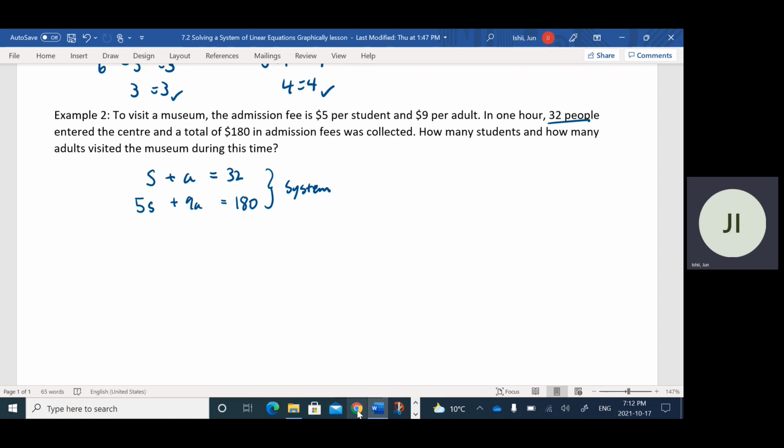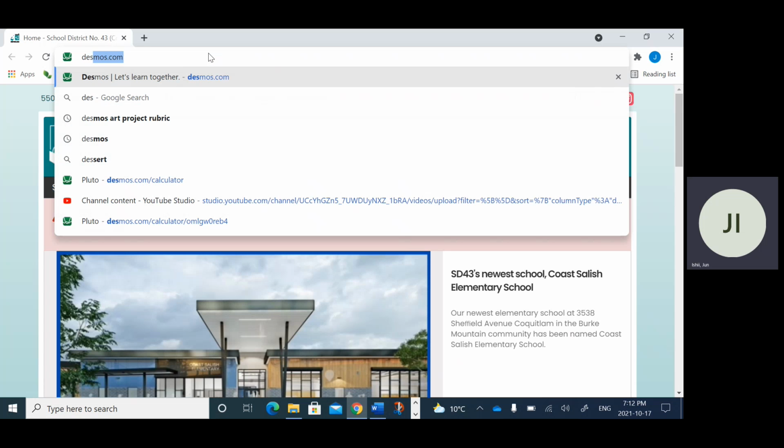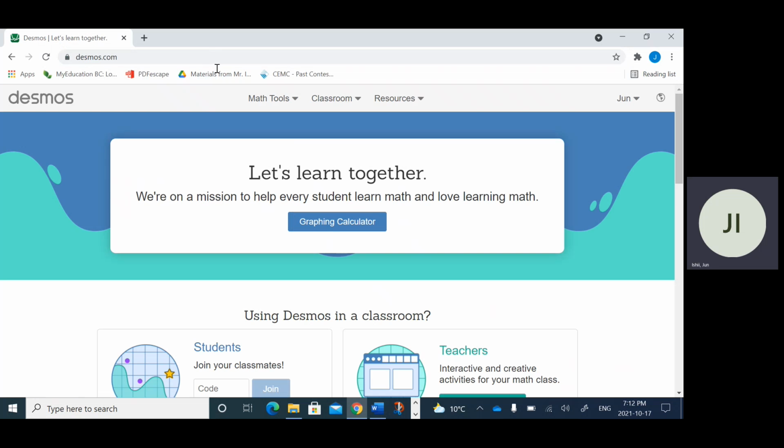It's called Desmos, so I'm just going to open up my web browser and go to desmos.com, and it should take you to this page. This Desmos app is available either at the Play Store or the App Store for iPhone. But if you don't want to download it, you can also visit the web page.